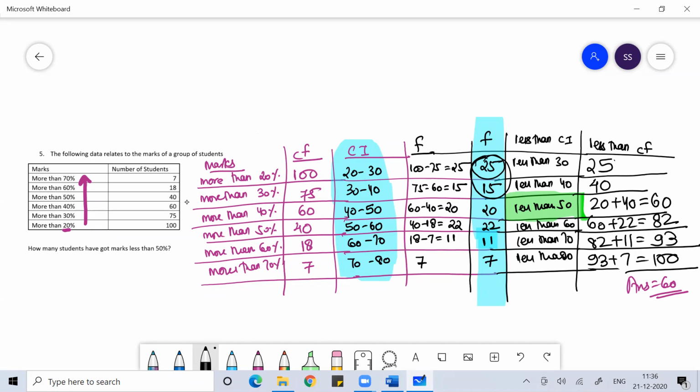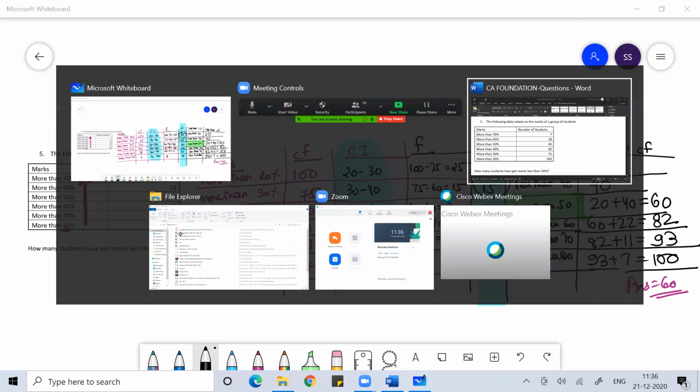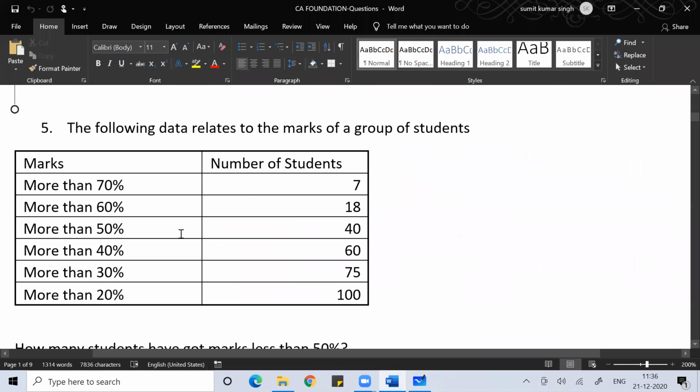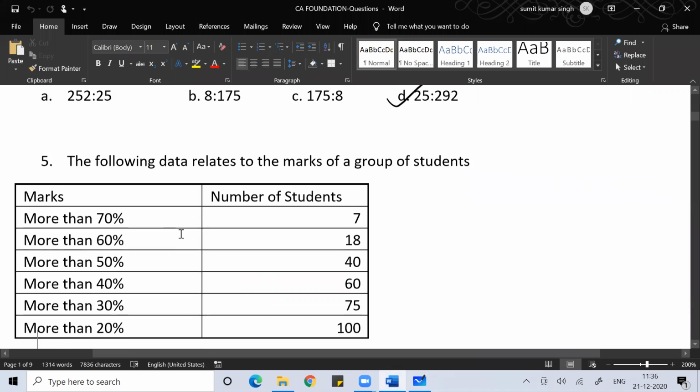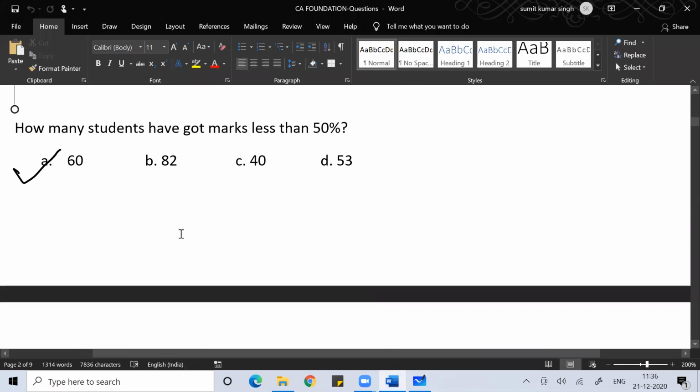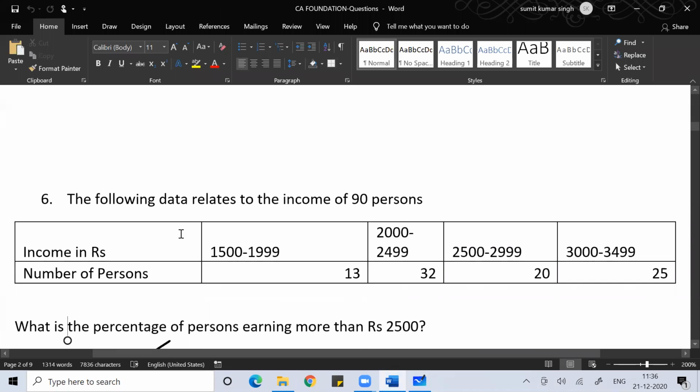Let's go ahead. See this question. Try this question, everyone. Everyone solve this question.